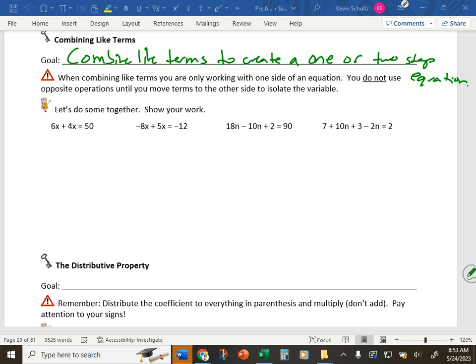Okay? Combine like terms to create a one or two-step equation. And once we have that, then we go to solving it. So really, this is not anything new because you've combined like terms before. You've solved equations before. Now it's just putting those two things together.